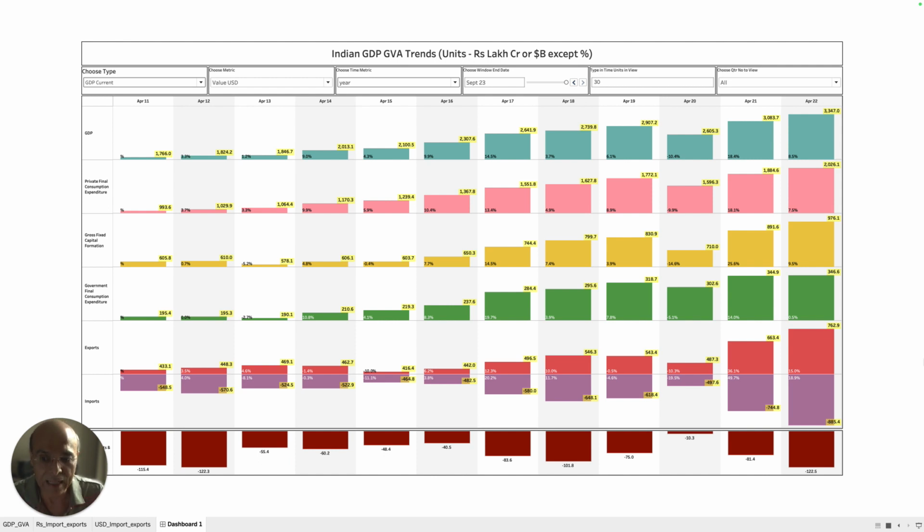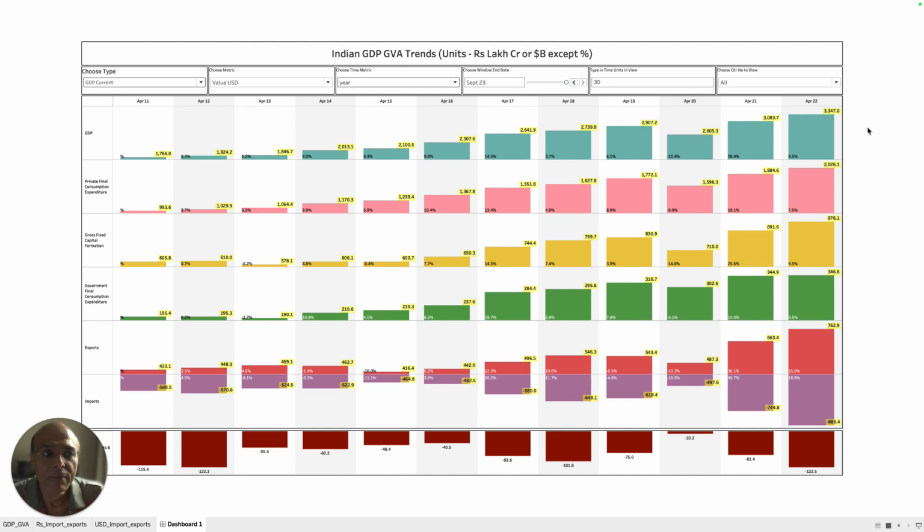Only then will we be able to meet our target of $5 trillion GDP as quickly as possible. If our imports increase and we are not able to contain them, this number is going to be very difficult to achieve.